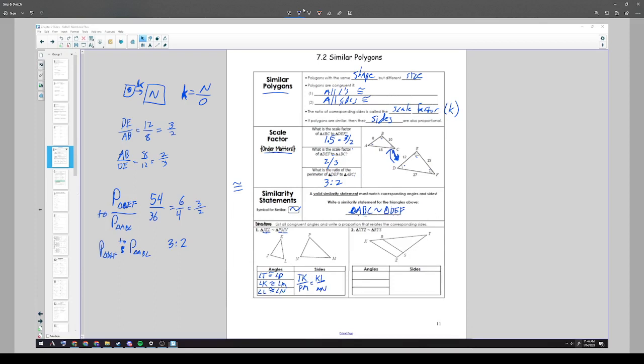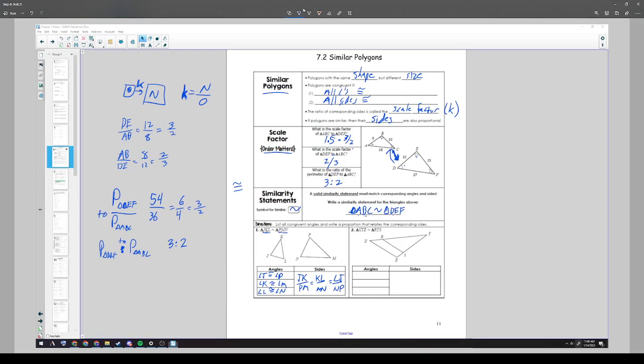Remember, these are lengths, so we're not putting segment notation over them because we're not talking about the segments themselves, we're talking about how long the segments are. And then our final side goes LJ to NP. So this is our extended proportion that tells us these ratios are all equal.